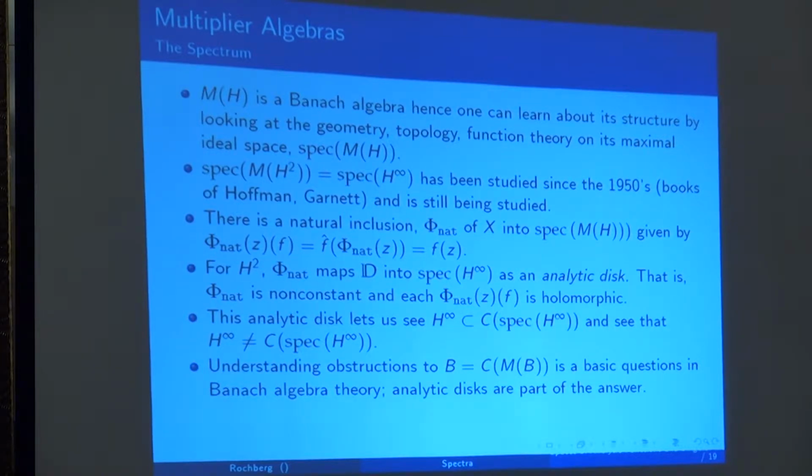So there's some analytic structure sitting in the spectrum in the sense that all the functions in the algebra are analytic in that structure, and that's an obstruction to getting all continuous functions on the spectrum. So these analytic disks are part of the answer to understanding how the original algebra fails to be the algebra of continuous functions on the spectrum.